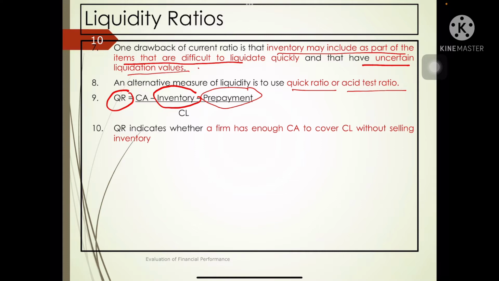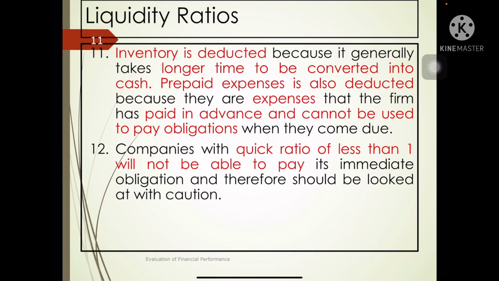So we get the net current asset and divide by current liability. The quick ratio indicates whether a firm has enough current assets to cover current liabilities without selling their inventory. As we know, prepayment means that we overpaid someone, and it's quite difficult to get our money back.